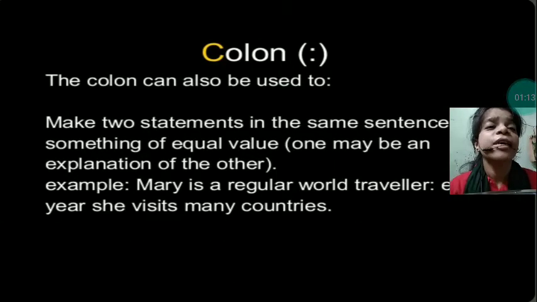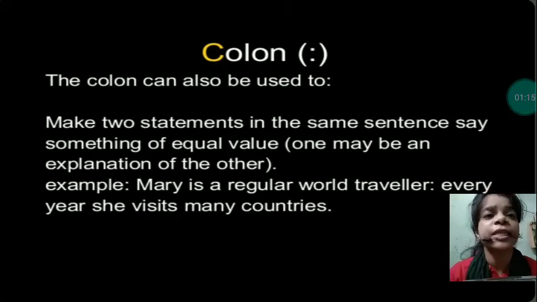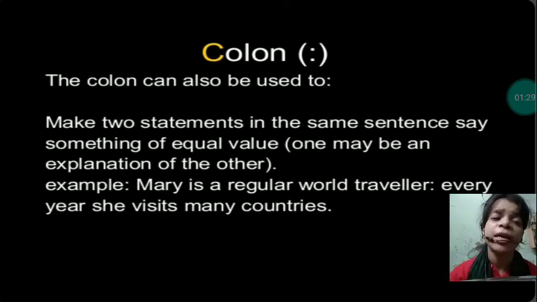Next use is to join two statements in the same sentence that say something of equal value. If a sentence contains two statements, at least two, and both statements have the same value, then we separate them using a colon. Like: Mary is a regular world traveler. There is a girl Mary who is a regular world traveler.